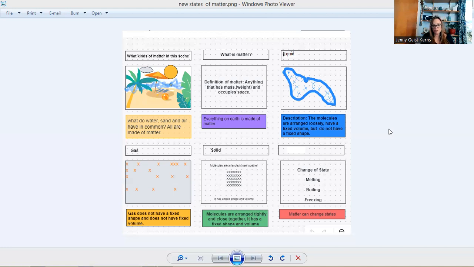And we can look around us. You can observe most of the things that you're going to see around you are solid. Your desk, your computer, all of these things. And so, what defines a solid? Well, in a solid, the molecules are arranged tightly and close together. It has a fixed shape and volume.